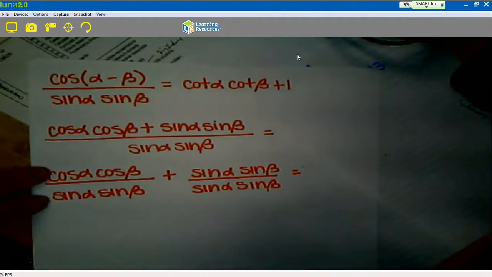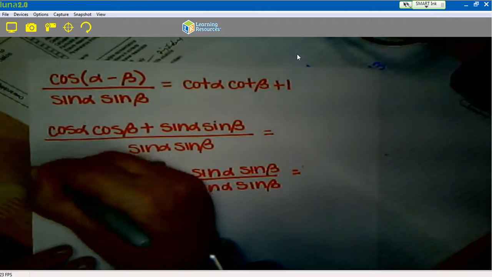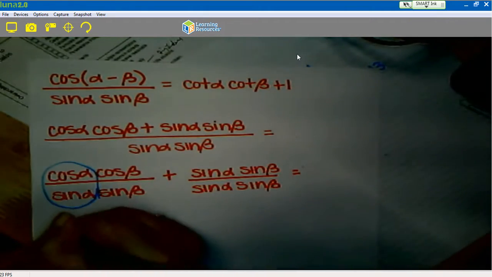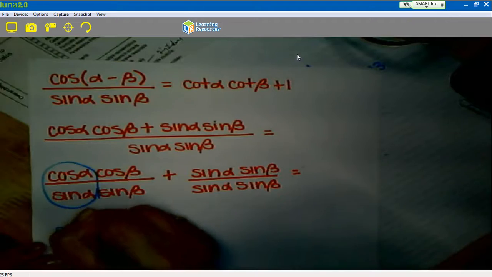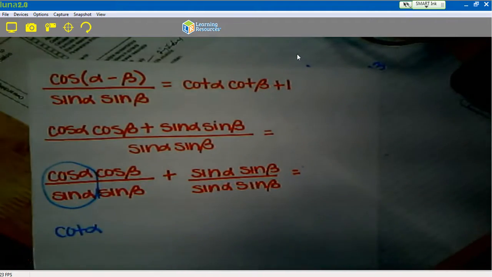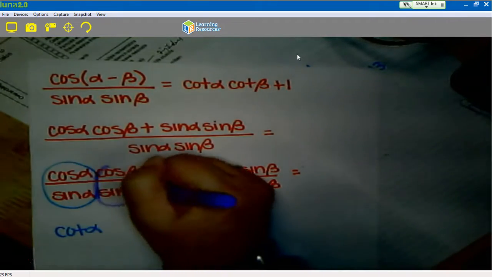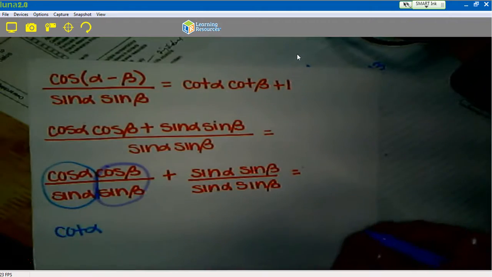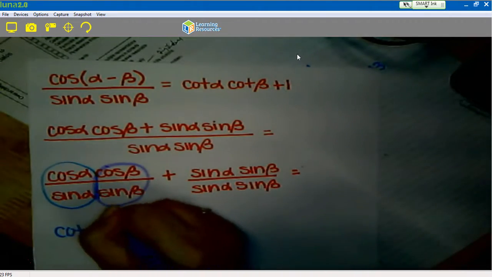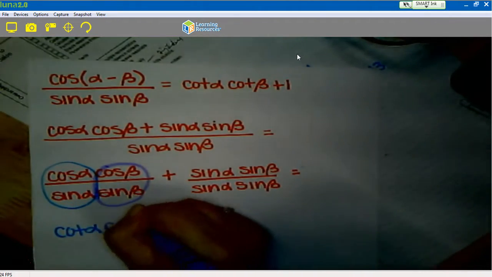Okay, well, cosine alpha over sine alpha, because they both have an alpha, we can write that as cotangent alpha. Cosine beta, sine beta, those both have betas. Cosine over sine, that's cotangent. So this is a cotangent of beta.